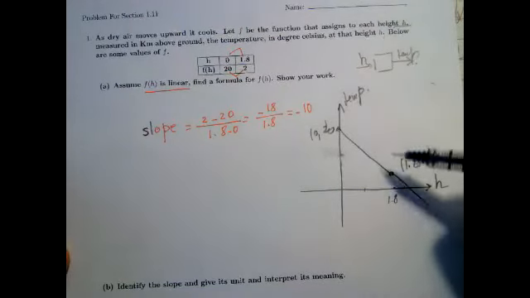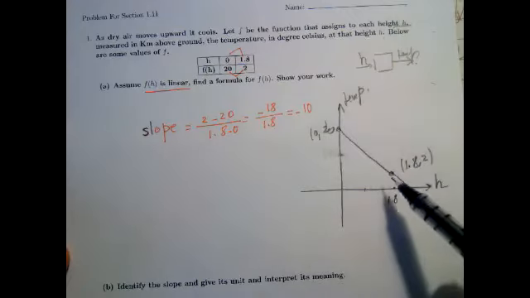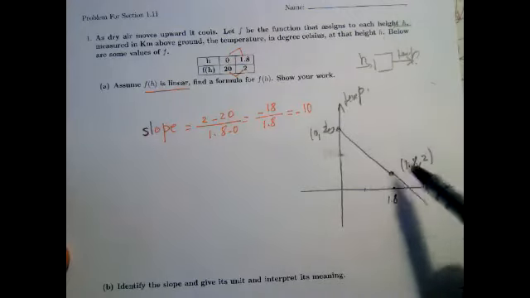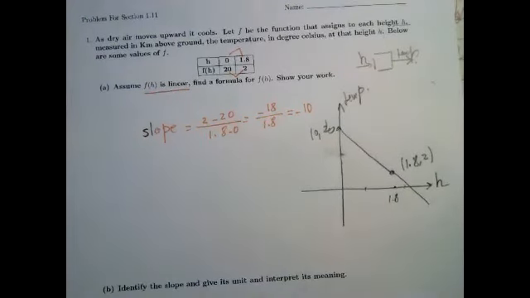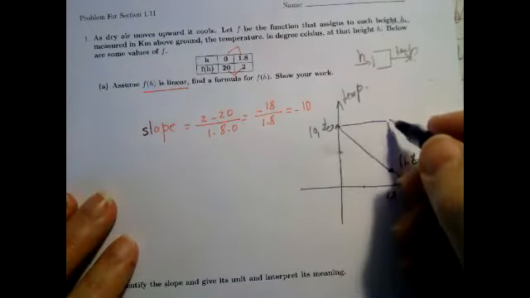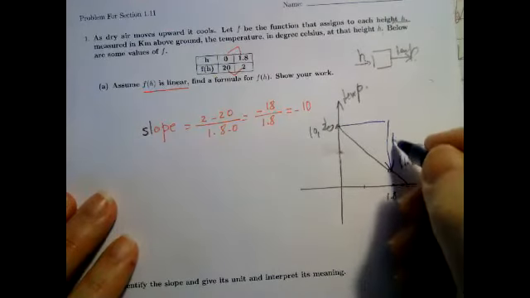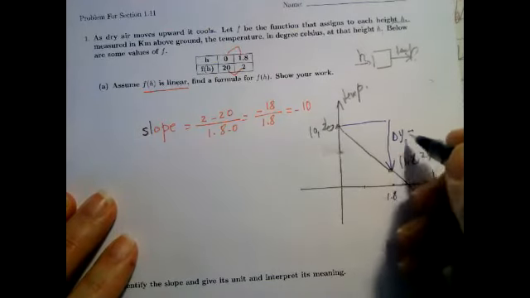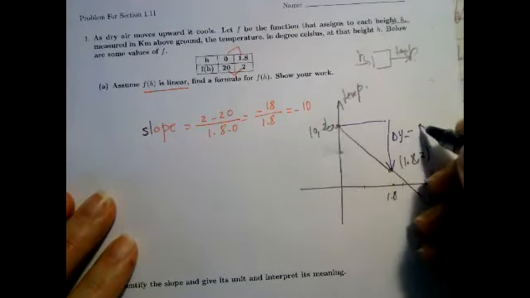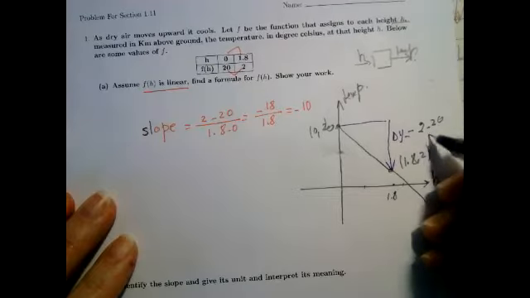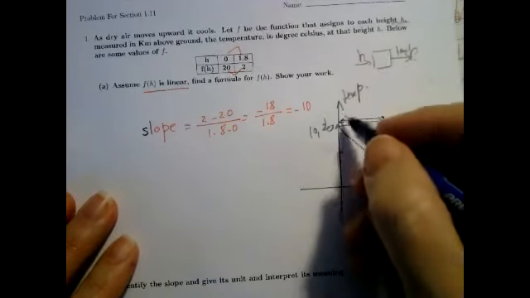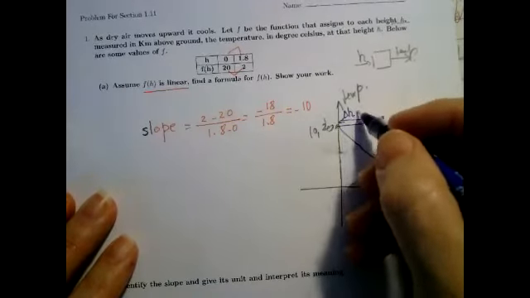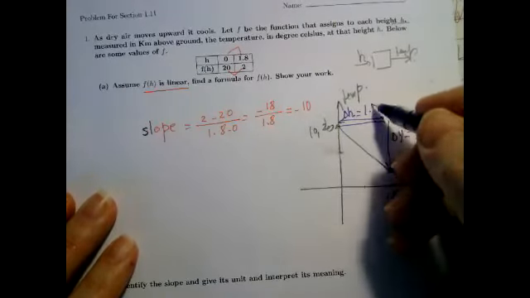So the slope is 2 minus 20 over 1.8 minus 0, which is minus 10. It's not minus 0.1. It's always the change in y, in this case the change in temperature, which is 2 minus 20, that's minus 18, and from here to here, that's the change in the height, which is 1.8.